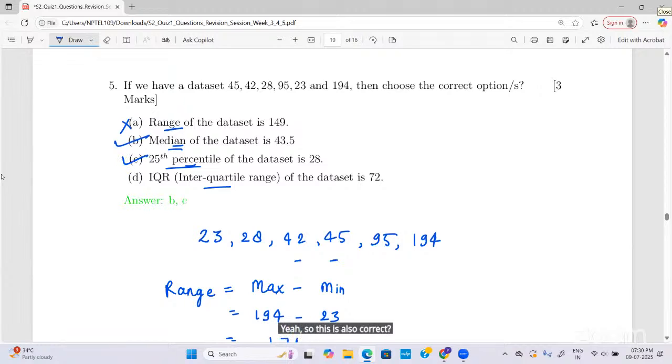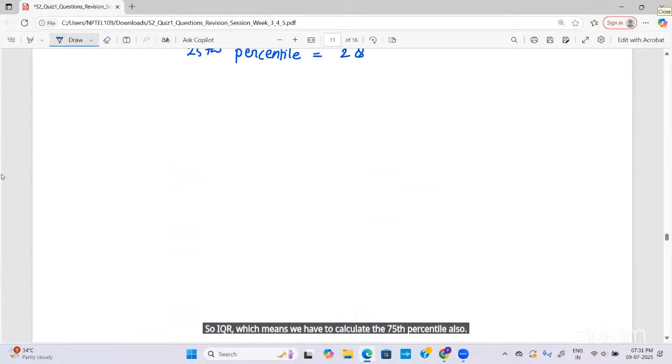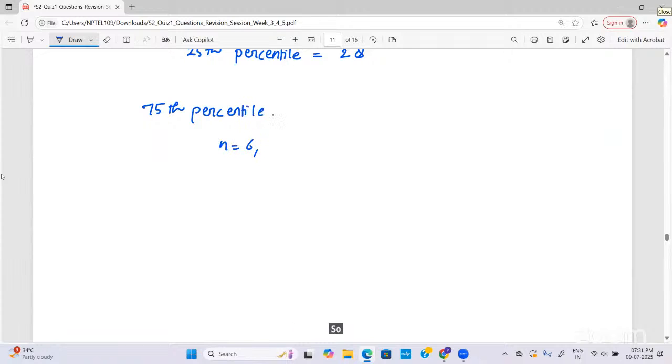In the next, we have to calculate the IQR, which means we have to calculate the 75th percentile also. So N is 6, P will be 0.75.